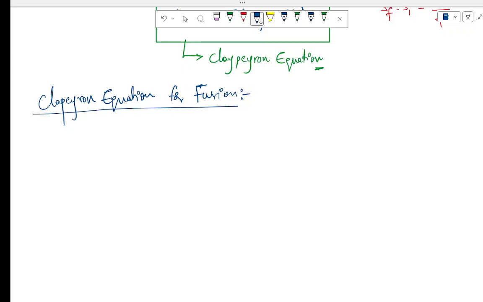In the beginning we have seen that the fusion will happen between the liquid state and solid state.